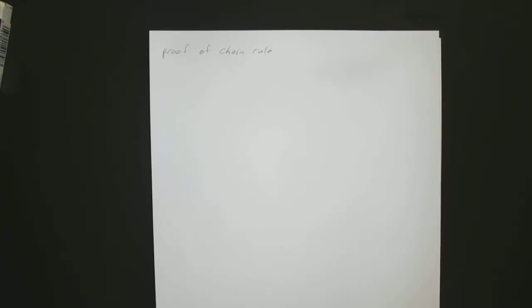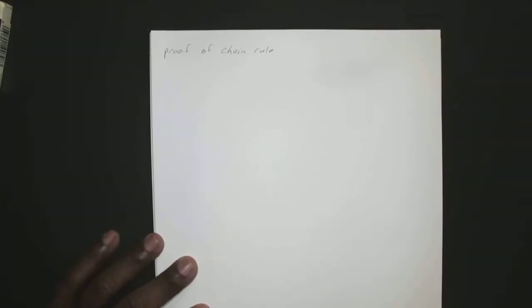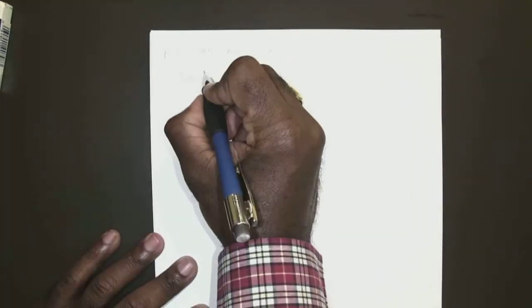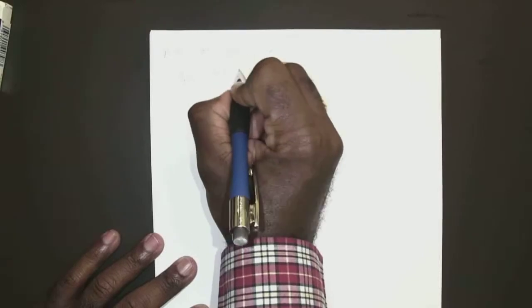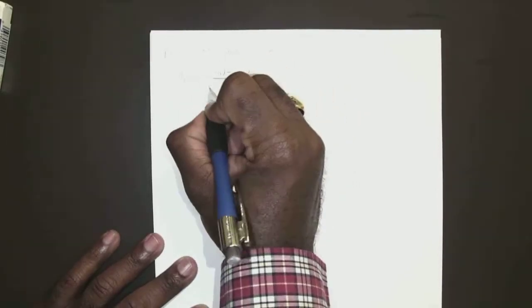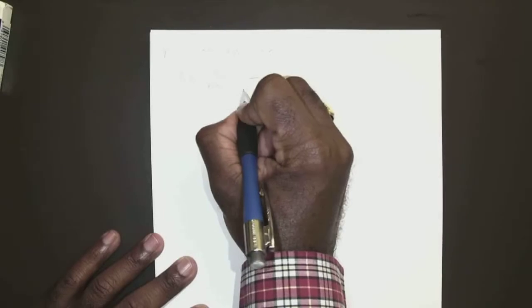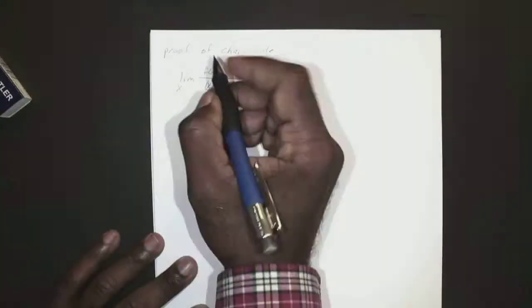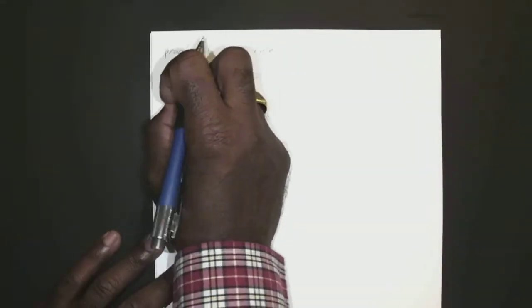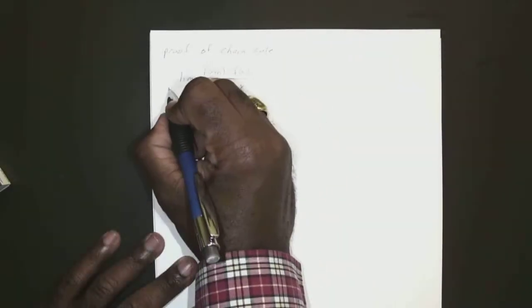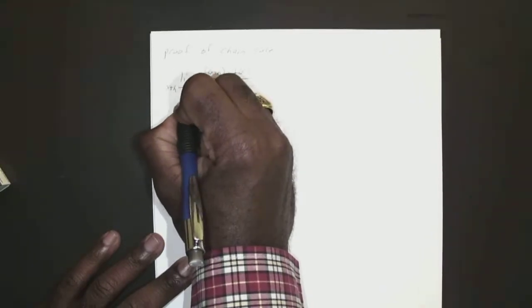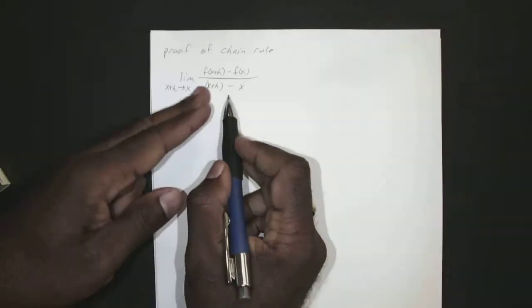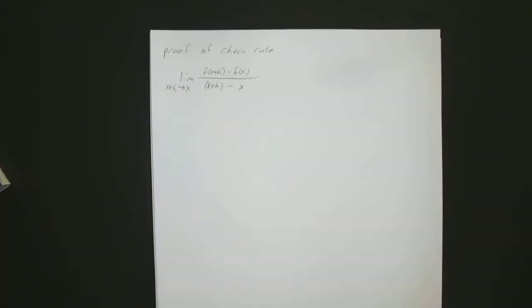So normally we'd have the limit of f of x plus h minus f of x all over x plus h minus x, as h approaches 0. But in reality it's as x plus h approaches x, which is still as h approaches 0. So as those get closer and closer together, your h gets smaller and smaller.